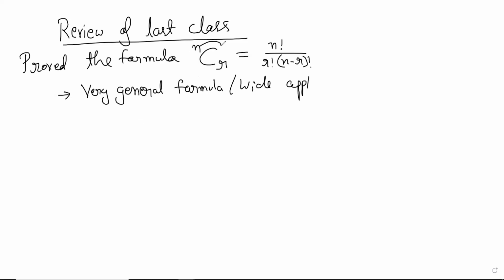In fact, this C is more like combinatorics, or rather enumerative combinatorics. So we proved that from n people, if you want to choose r people, then there are many ways to do it, and that number can be written in terms of products in this manner. This is something that we proved the last time.